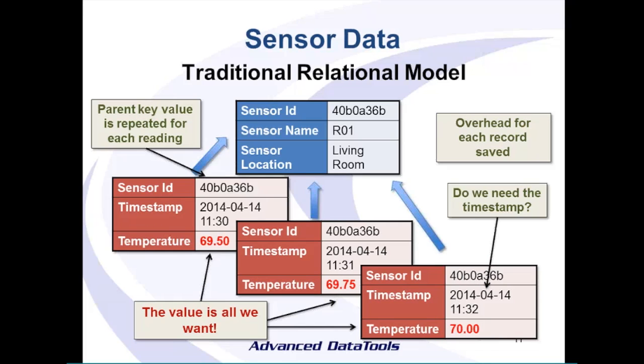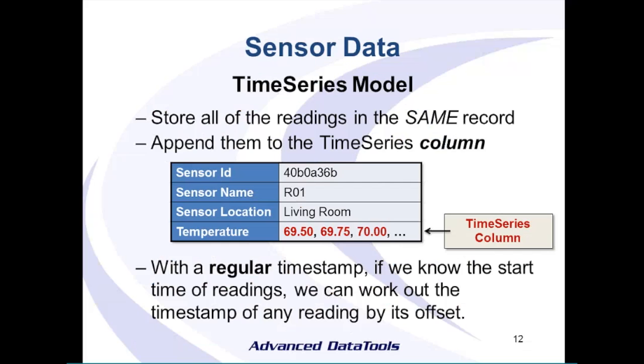So now let's look at a time series model and see how there's much less duplicated information. So with time series, we store all of these data values in the same record. So we have one special column, a time series column, in our table. We've only got the one table now, and we just append the data to that column each time we receive a new value.